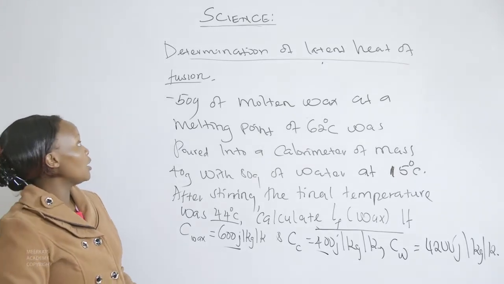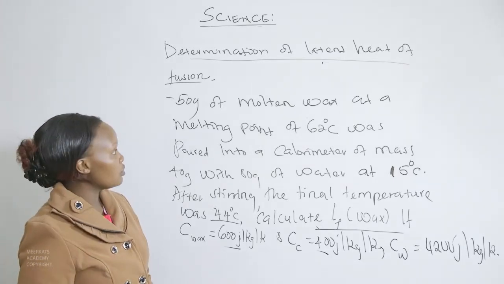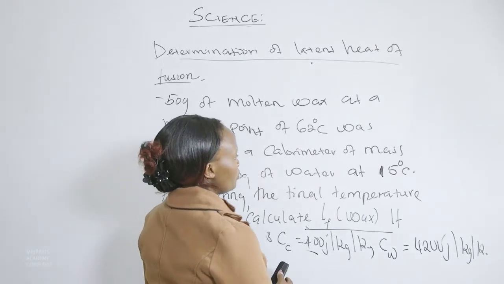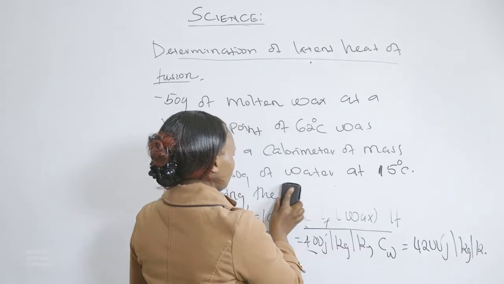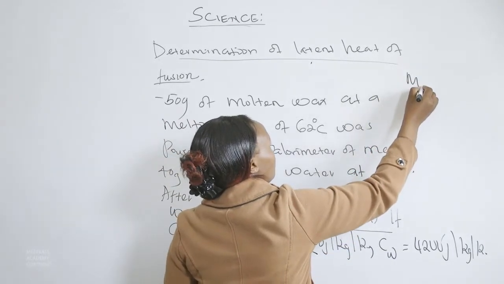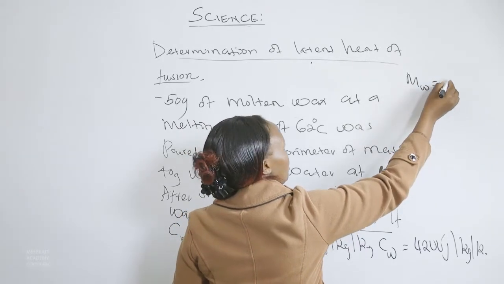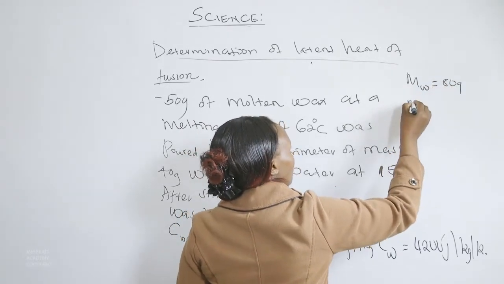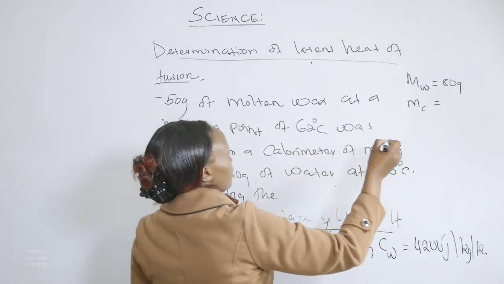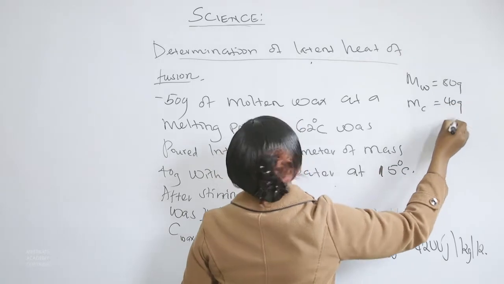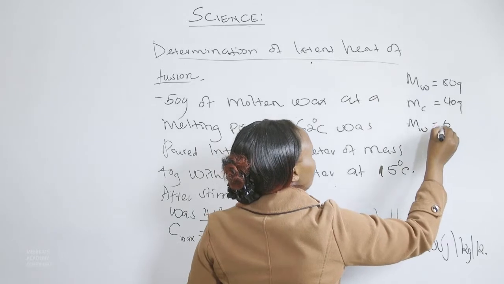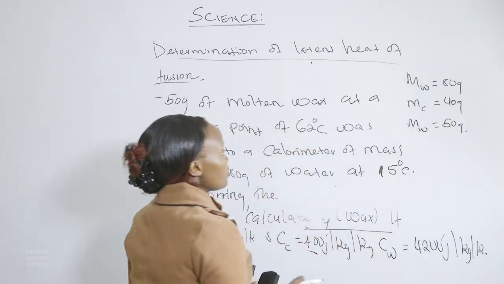Now let us look at what we have from the question. We have the masses. The mass of water is 80 grams. Mass of the calorimeter is 40 grams. That of wax is 50 grams.